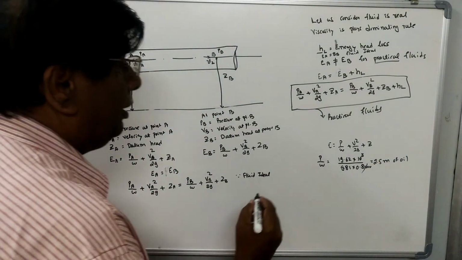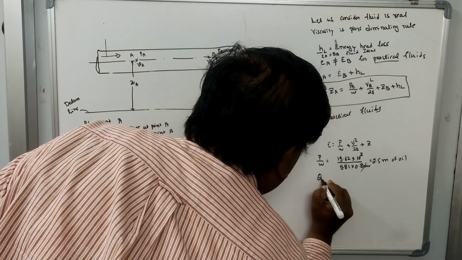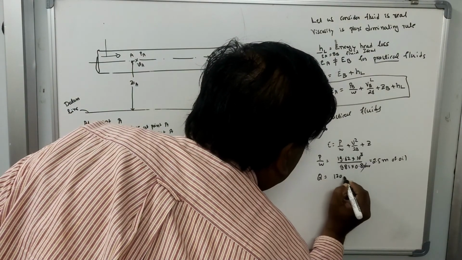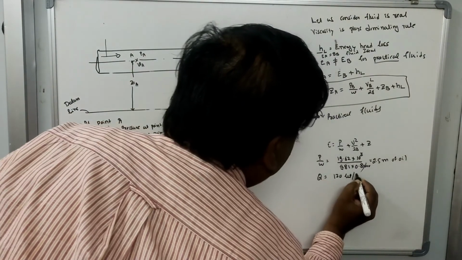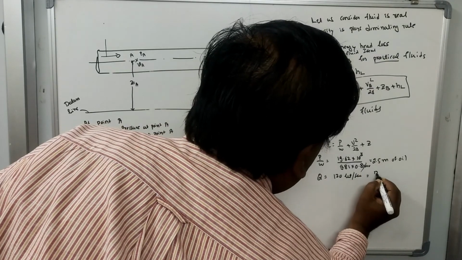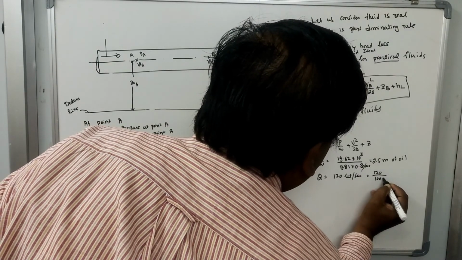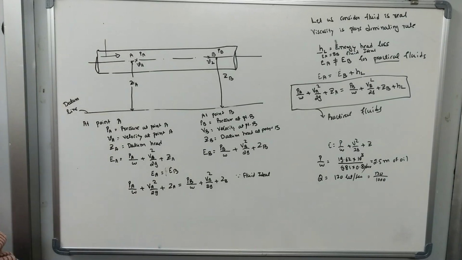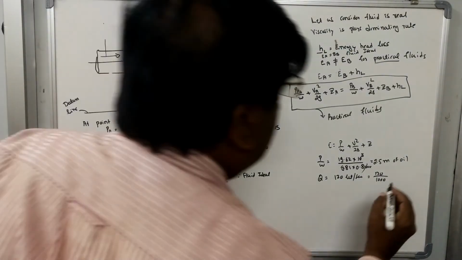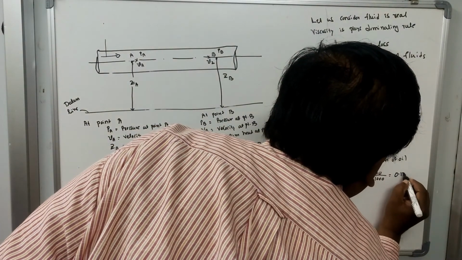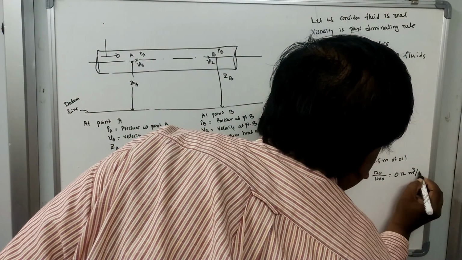Then Q is given. Q is 120 liters per second. So 120 divided by 1000 gives you meter cube per second, so it is 0.12 meter cube per second.